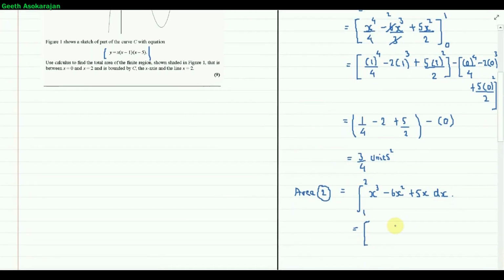So let me copy down this answer. Minus 2x cubed, plus 5x squared over 2. However, the limits differ. They're now 1 and 2.